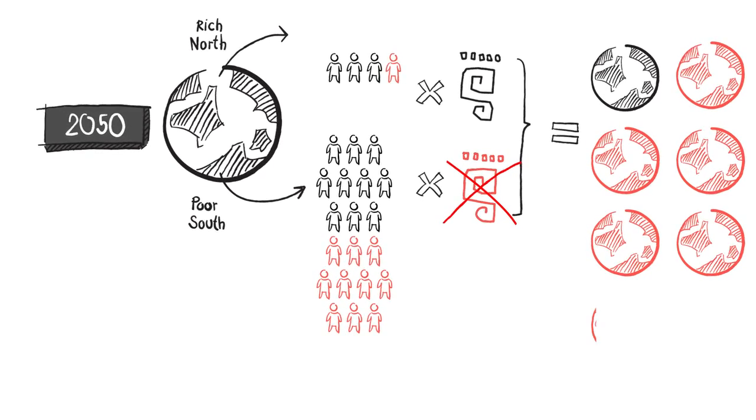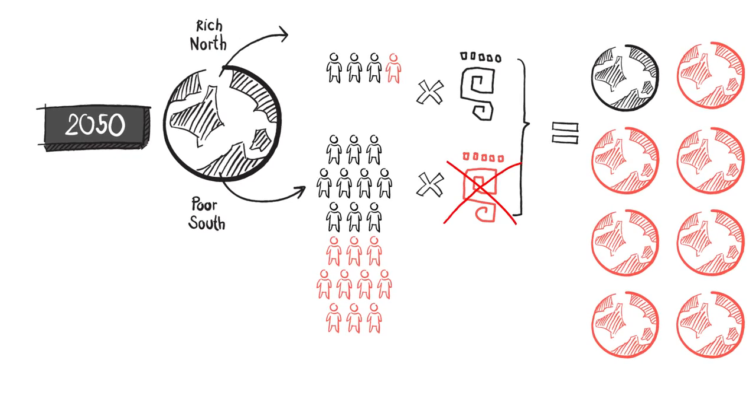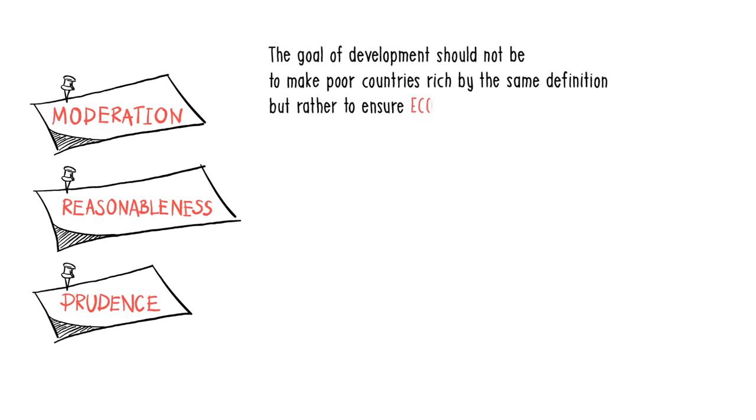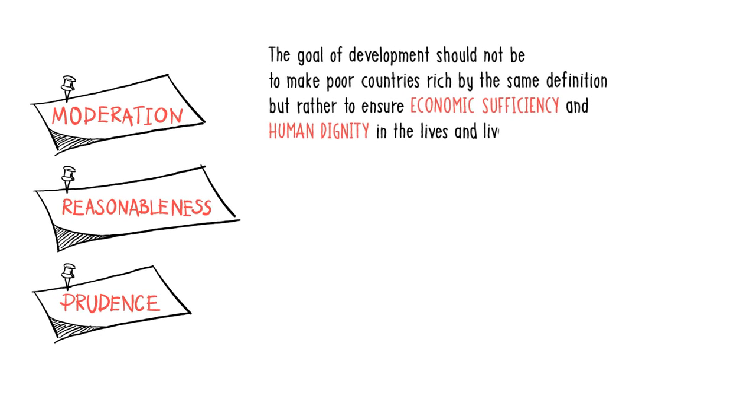It would take many times over the planetary resources. This is very precisely where moderation, reasonableness, and prudence come in. The goal of development should not be to make poor countries rich by the same definition, but rather to ensure economic sufficiency and human dignity in the lives and livelihoods of all.